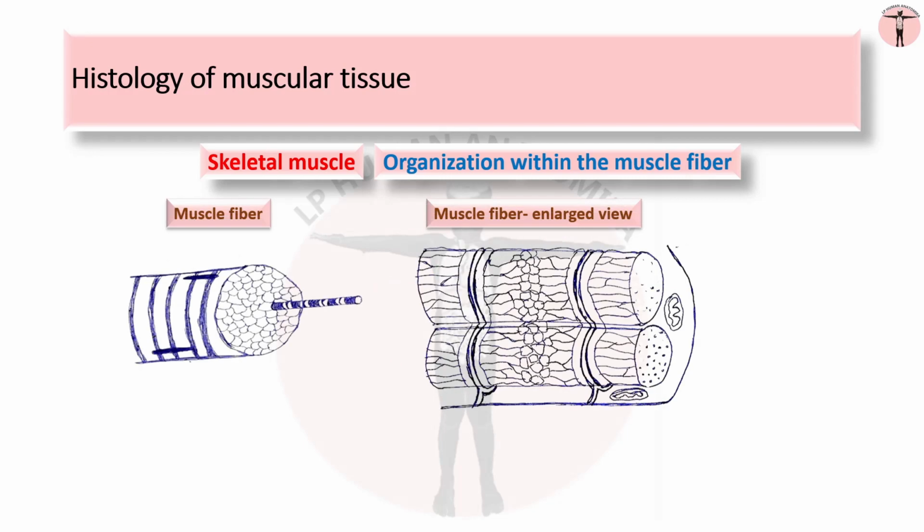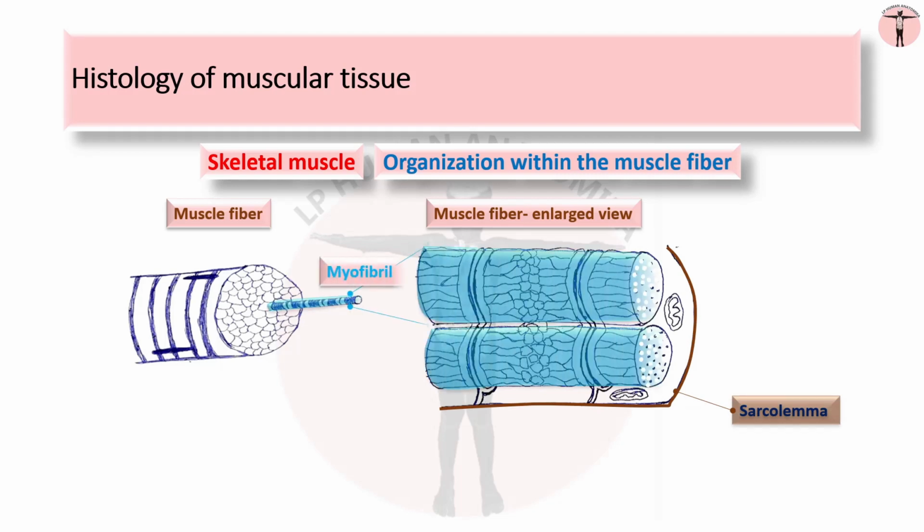The muscle fiber is enlarged to show the details. The sarcolemma of the muscle fiber is cut and reflected to show the inside of the muscle fiber. The sarcoplasm of each muscle fiber contains primarily long cylindrical filament bundles called myofibrils, which have a diameter of 1 to 2 micrometer, and smooth endoplasmic reticulum called sarcoplasmic reticulum.